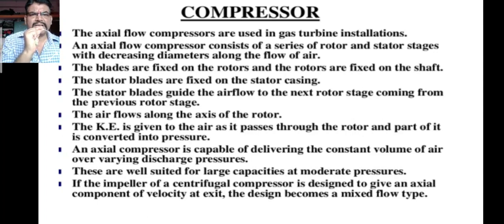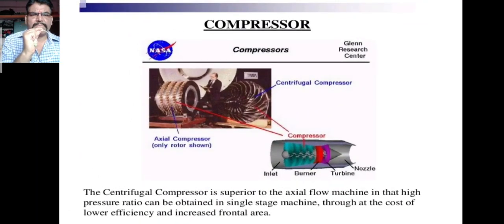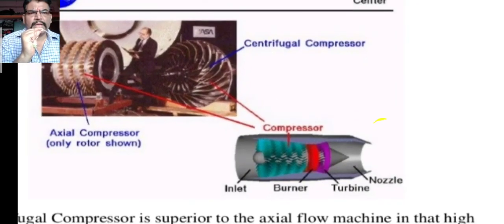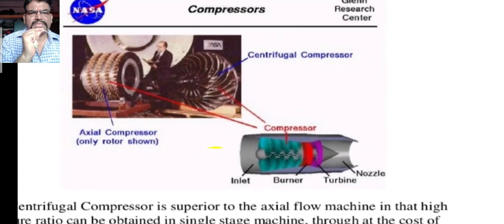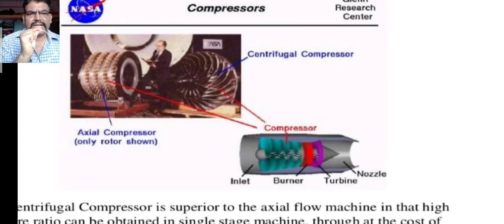Basically, the axial flow compressor is used for gas turbine power plants. So you can see the cross section of the axial compressor. Only the rotor is shown over there. In the centrifugal compressor you can see the inlet, the burner or the system arrangement of the combustion chamber, turbine and nozzle, how actually it seems.